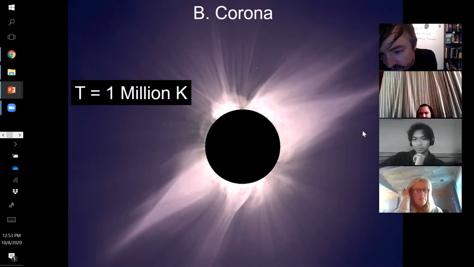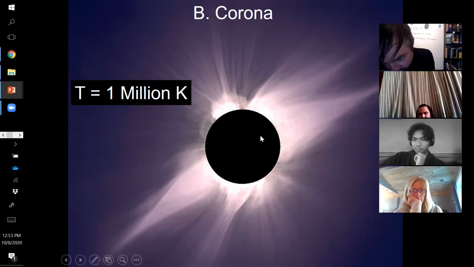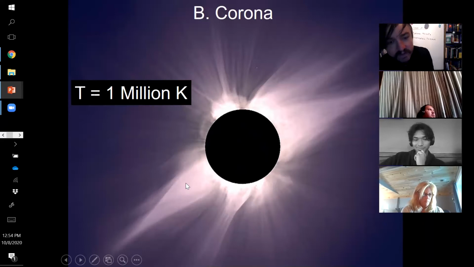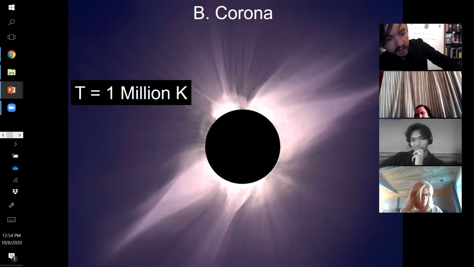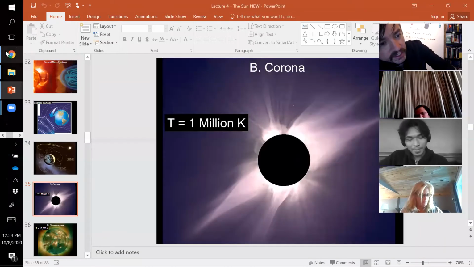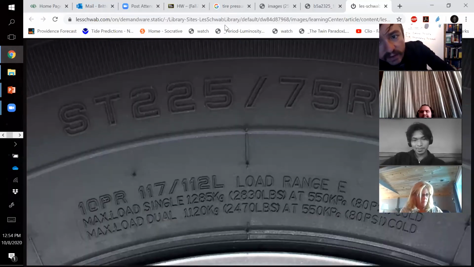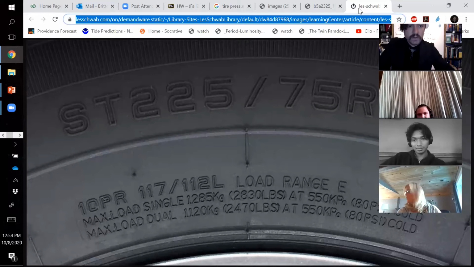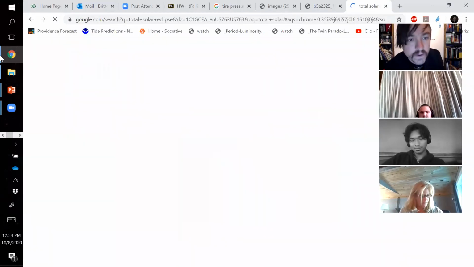I can't remember if any of you saw the total solar eclipse about a year ago, but when you see a total solar eclipse, you block out the sun's photosphere, and suddenly you can see light from the corona with your naked eye. Supposedly, it's very beautiful to see this. Notice that the corona extends out several solar radii. A better picture: total solar eclipse.